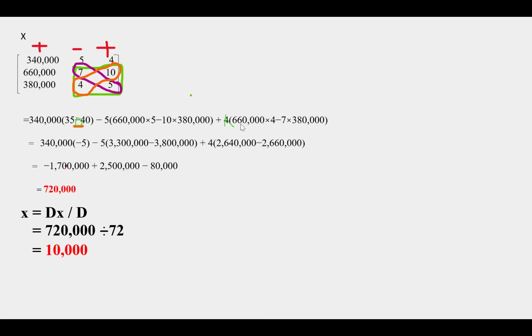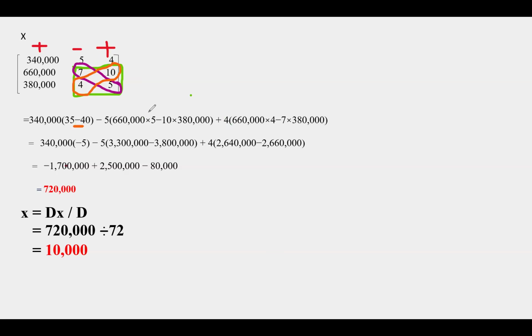So for the next part here, we have 4 outside the bracket, and then into brackets, we have 660,000 times 4 minus 7 times 380,000. So that's going to give us 2,640,000 minus 2,660,000. When we get the value there and multiply it by 4, we'll get 80,000.